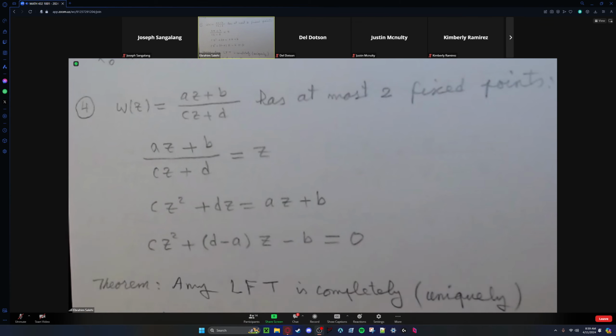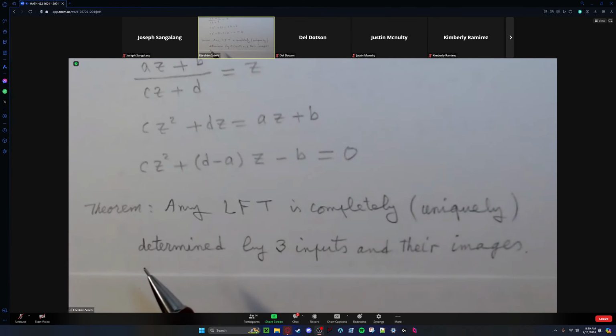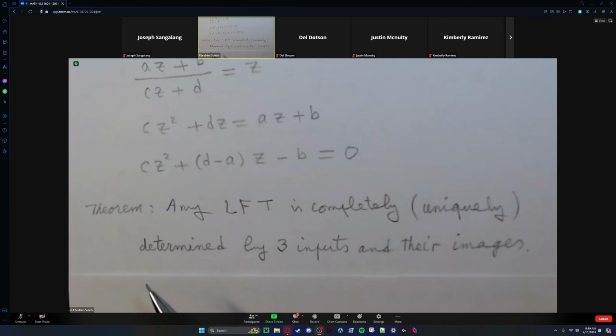And now, here is the major theorem of this topic.